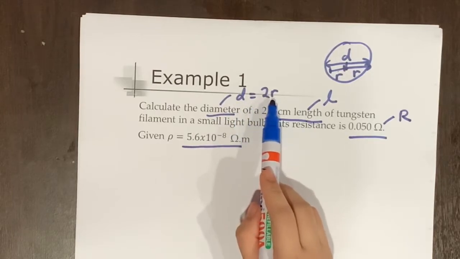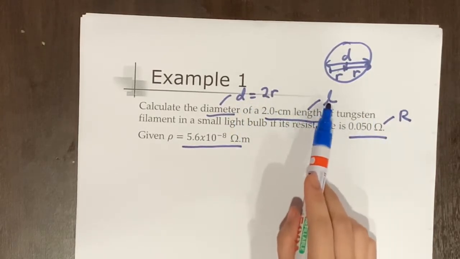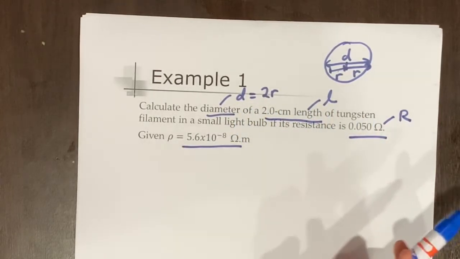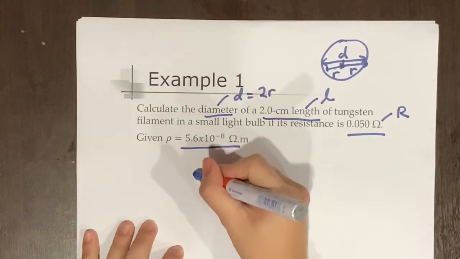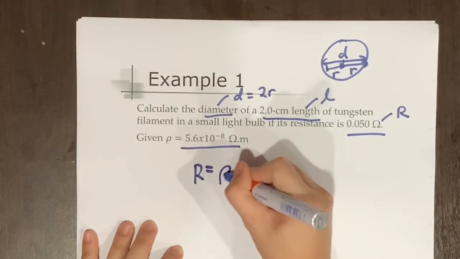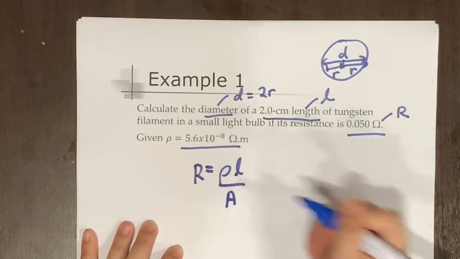Diameter we know is 2R. So you have R, length, resistivity. The easiest equation is R is equal to rho L over A.